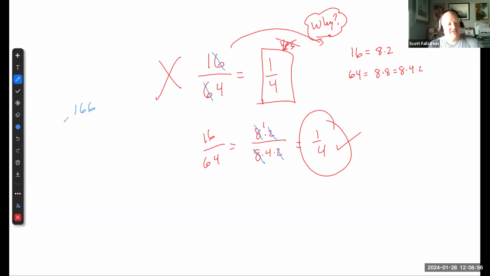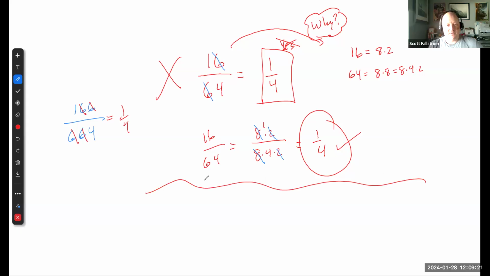You love this. 166 over 664. Well, maybe you'll love it. I found this very interesting. I started looking into it. How many times does this happen? And kind of thinking how it could happen. And what you end up finding is that you actually have infinitely many times that this could happen. So the student could be right infinitely many times, but their reasoning is incorrect.